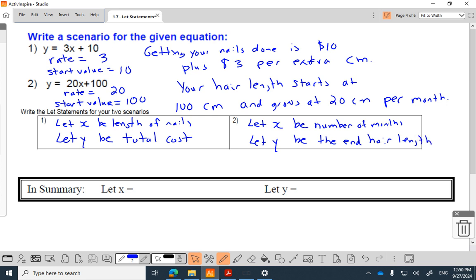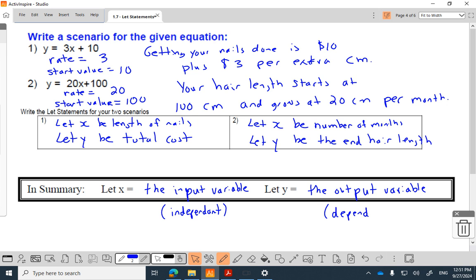So in summary, let X equal the input variable, sometimes called independent, and let Y equal the output, sometimes called dependent.